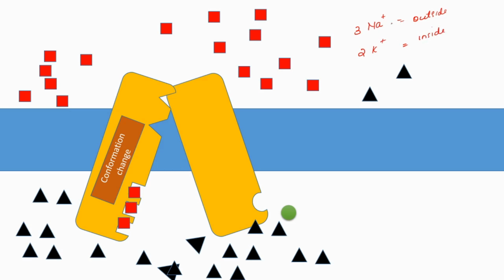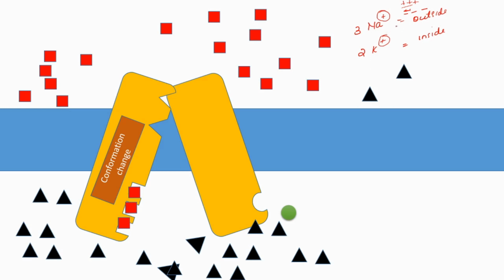That means it is taking more positive charge to outside for maintaining the outside positive, and it's taking only a smaller number of positive charges to inside to keep the inner side of the plasma membrane negative. Clear? In that way, it is helping to maintain the potential of the plasma membrane.